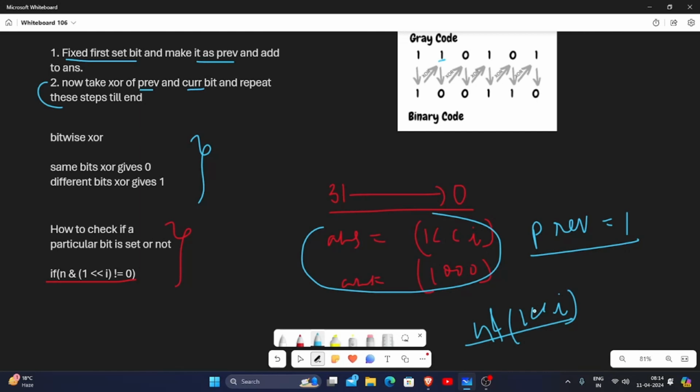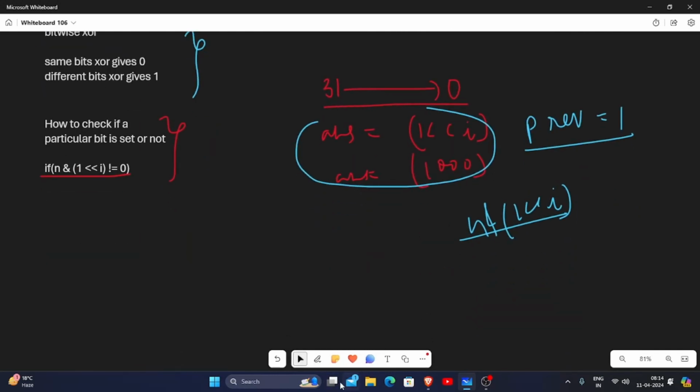If the upcoming bit is set, then I have to do the XOR. I will check in the next step whether my upcoming bits are set or not. So this would be my current, and this would be my previous. Because if this bit is set, then current contains 1, otherwise current contains 0.